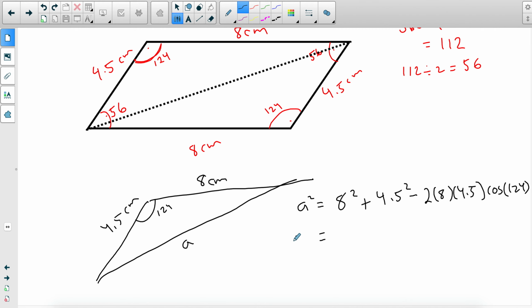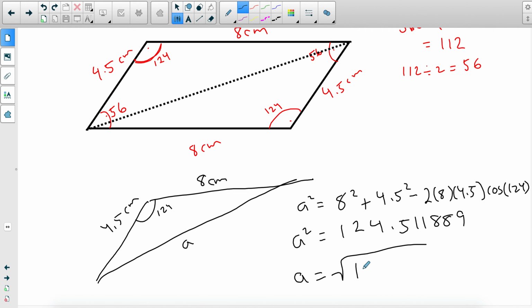And so you'll get that A squared is equal to 124.511889. I've just written the whole thing. So obviously this is quite a long distance if it's 124, so you're missing the last step of square rooting the whole thing.